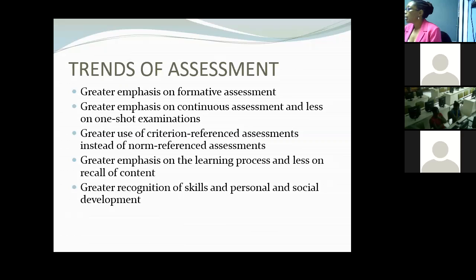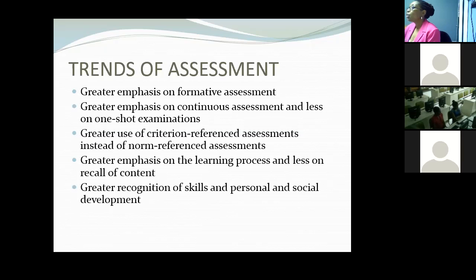Continuous assessment? No. I know you should know what that means. Formative assessment and continuous assessment are not the same. Though formative assessment is continuous, it doesn't mean that it's continuous assessment. Two different things. All right, so we're going to get the jargon right.